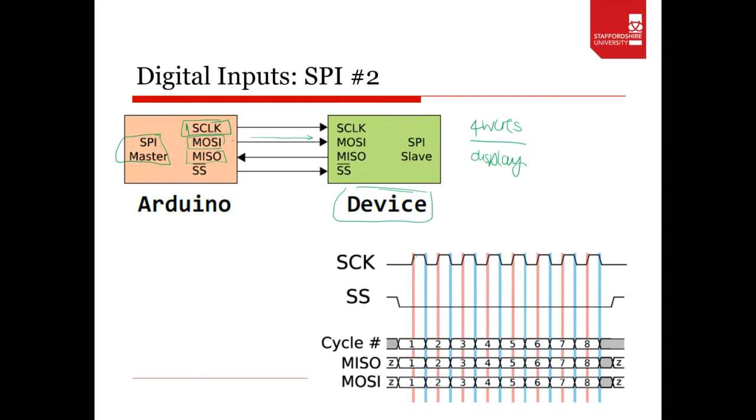Then if any information was being sent back, master input, slave output, is coming from the slave back to the master. And then we have the device select or SS. When it goes low, that particular device is allowed to transmit. So we can have device number 1, 2, 3, etc.